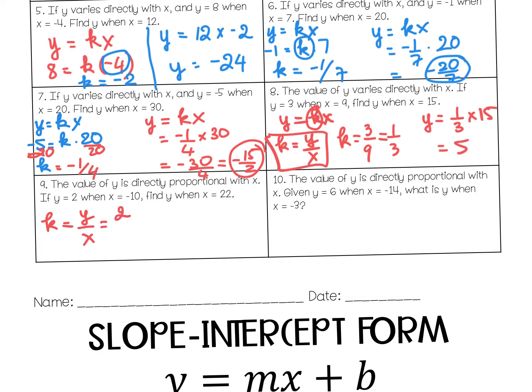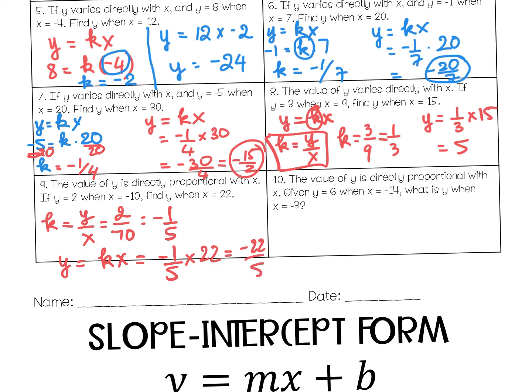Y is 2, x is -10. You can start to do it now, right? -1/5. To find y, we do the k that we just found times x. -1/5 times 22. 22 is not divided by 5 evenly, so we can leave it like this.